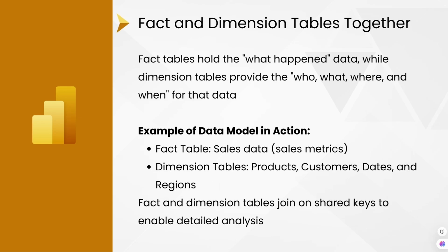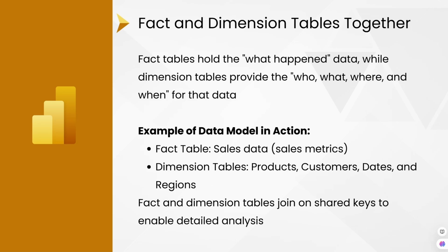So, how do fact and dimension tables work together in a data model? Think of fact tables as holding the what happened data, the quantitative metrics that tell us about events or transactions. Dimension tables, on the other hand, provide the context around those facts by capturing the who, what, where, and when of each event.